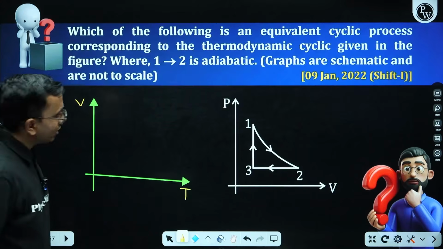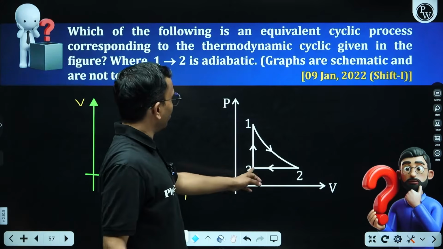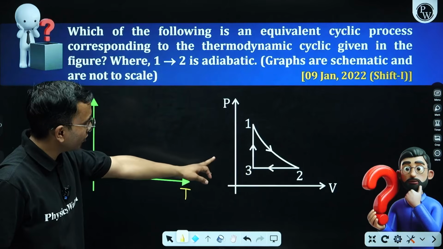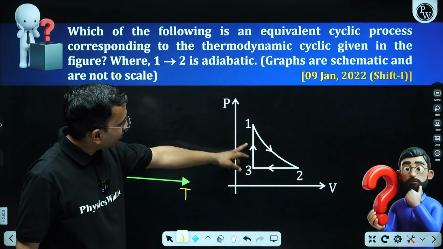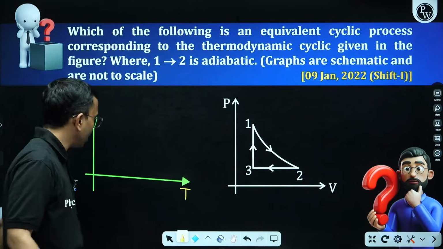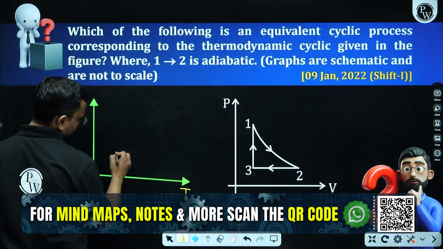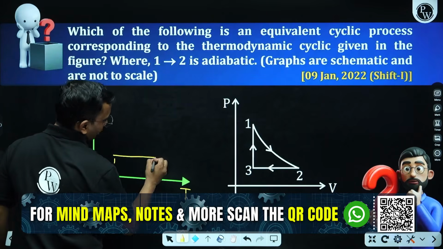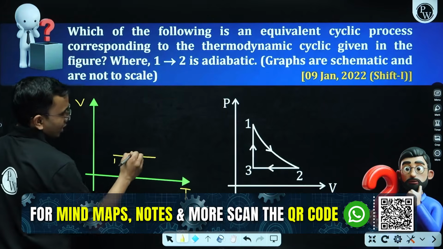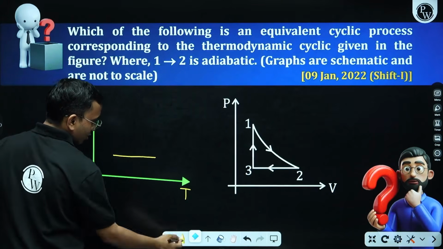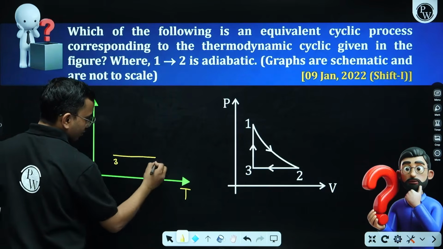Now for process 1 to 3 the volume is constant, and temperature is higher at 1 because pressure is higher at 1. So this is 3, this is 1.